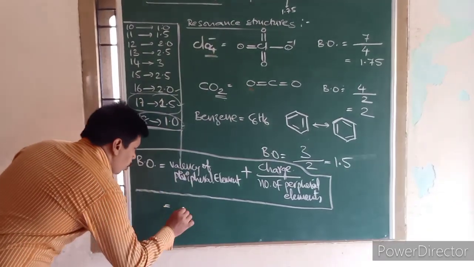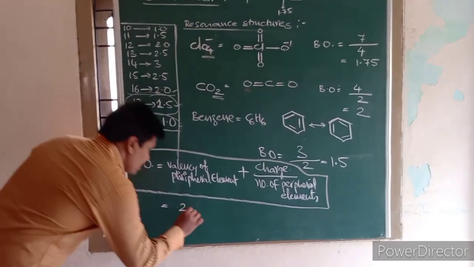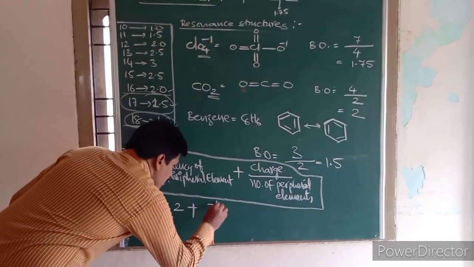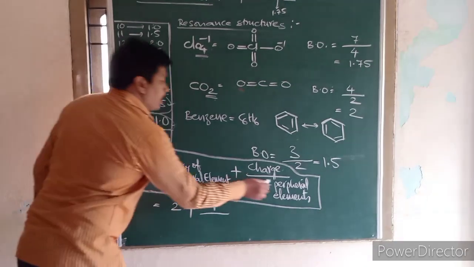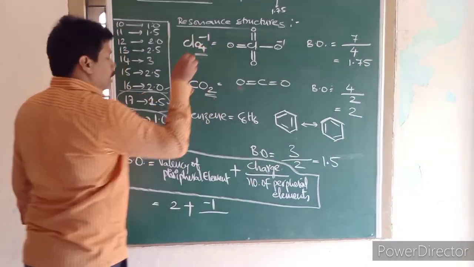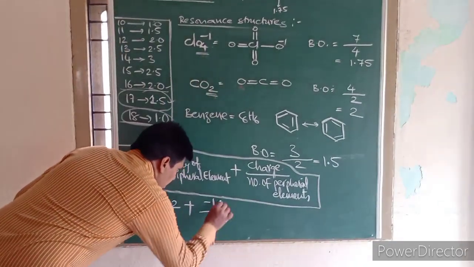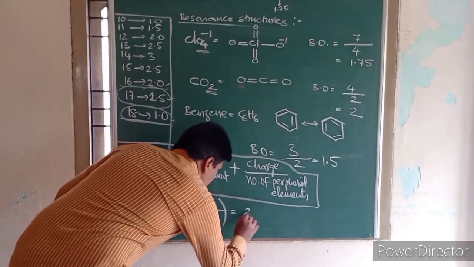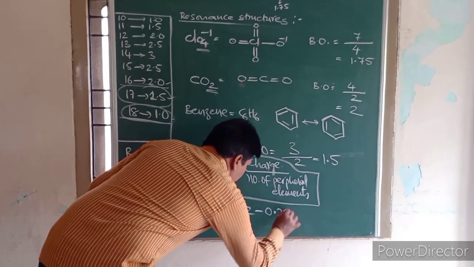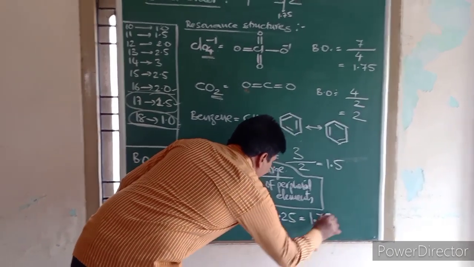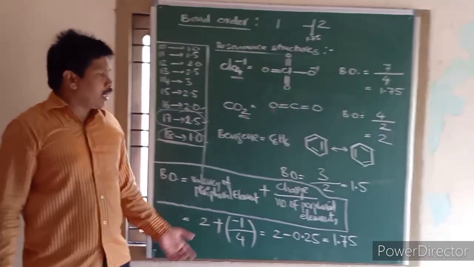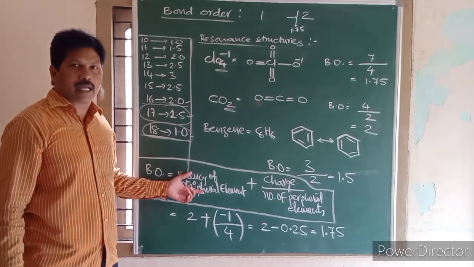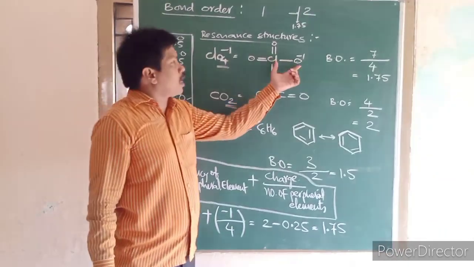Oxygen valency is how much? 2, plus the charge on this ion, which is -1, divided by the number of peripheral elements, which is 4. That's why this gives 2 minus 0.25, which gives 1.75. The bond order becomes 1.75 by using this super trick.